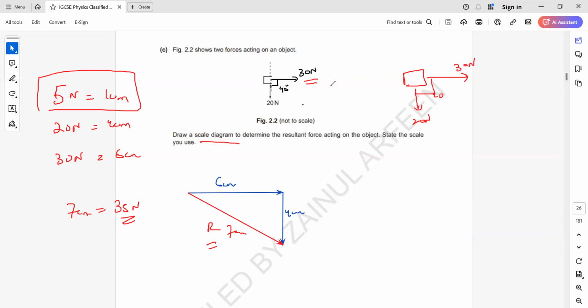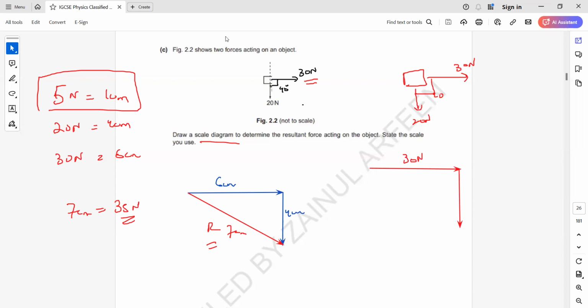But if you use the Pythagoras theorem, you still have to complete a triangle, although in the Pythagoras theorem the triangles are not to scale. First I draw the 30 Newton, because I just need the reference direction. So for 30 Newton, I can draw any length. I don't need the scale. Then the 20 Newton.